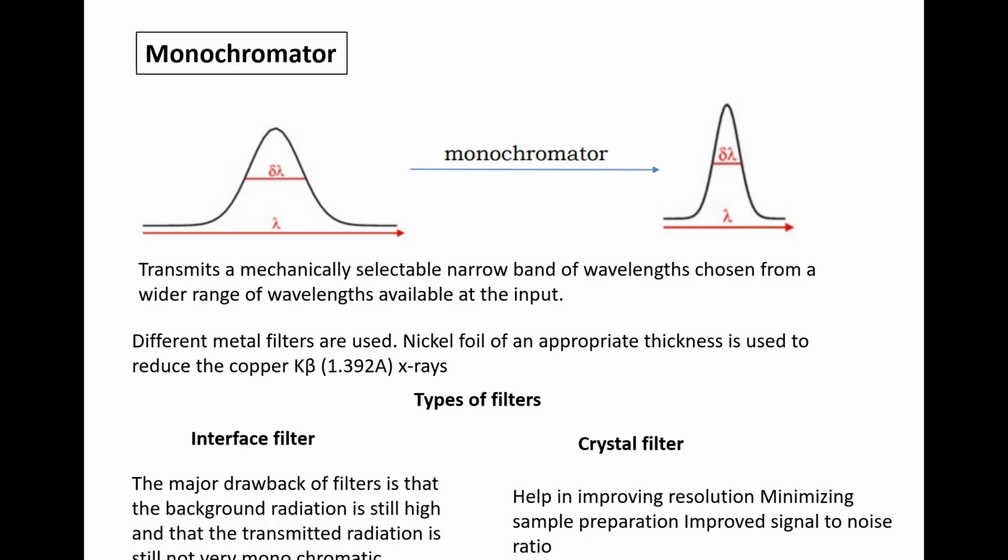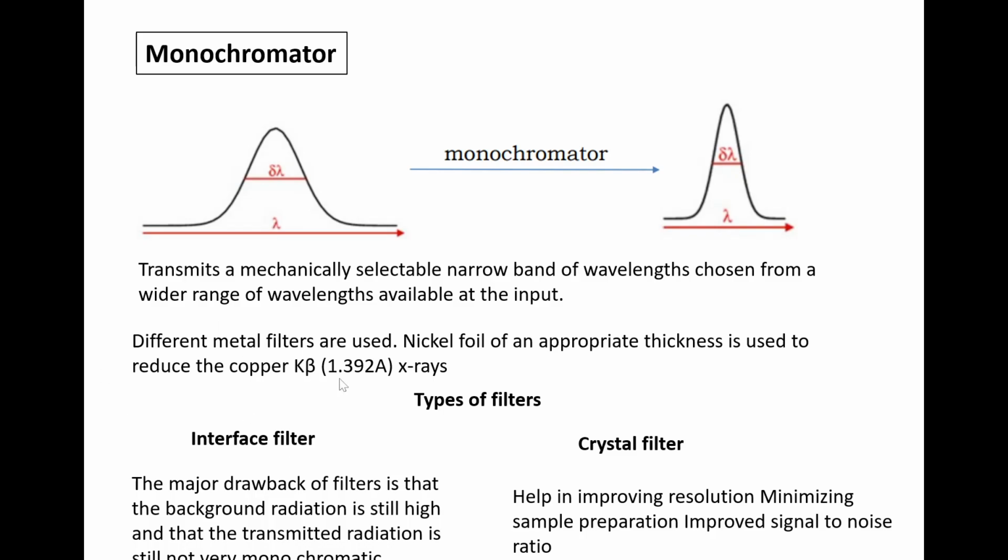It transmits a mechanically selectable narrow band of wavelengths chosen from a wide range of wavelengths available at the input. So this can minimize the K beta or other noises which can come with your X-rays, because that will add to the noise in the detector.